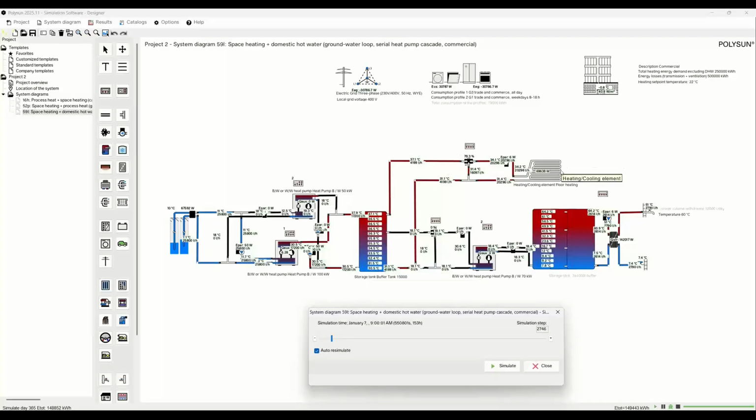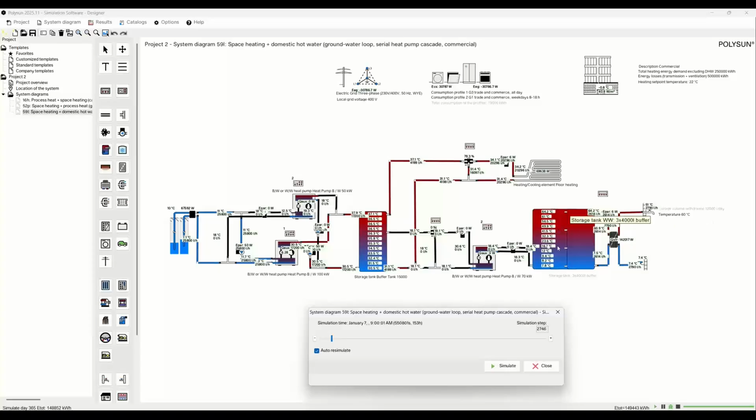And then you can see also here, because it's red, it means that there is some load flowing through the pipes. So you can see the floor heating is active now, and also the hot water is active.